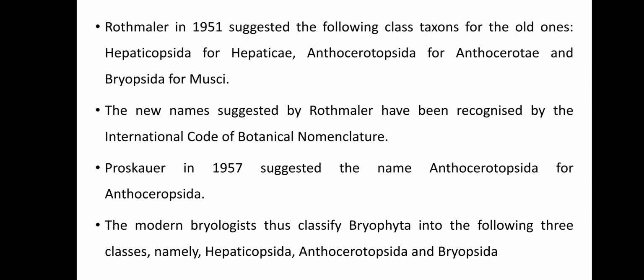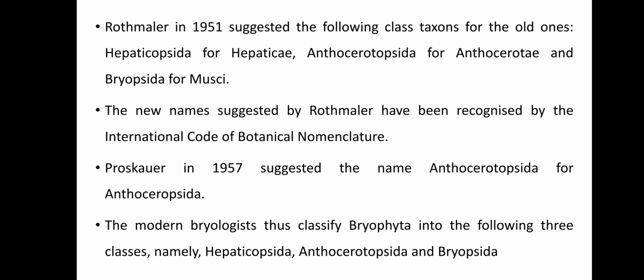Rothmaler in 1951 suggested a new class structure. He replaced Hepaticae with Hepaticopsida, named Anthocerotopsida for Anthocerotae, and Bryopsida for Musci. So these three names were suggested by Rothmaler: Hepaticopsida, Anthocerotopsida and Bryopsida.